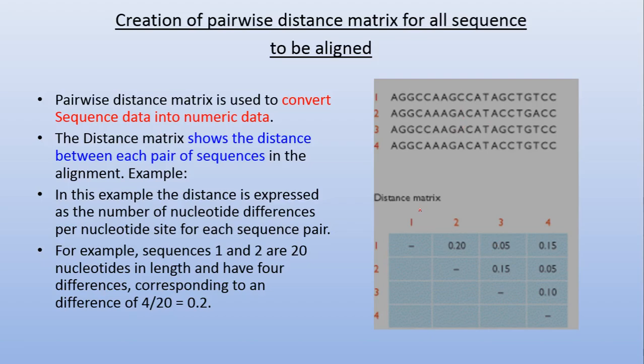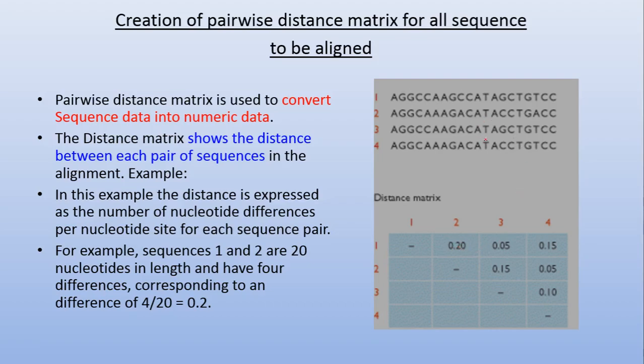So the objective of creating a pairwise distance matrix is to convert the sequence data, as you can see over here, into numeric data.